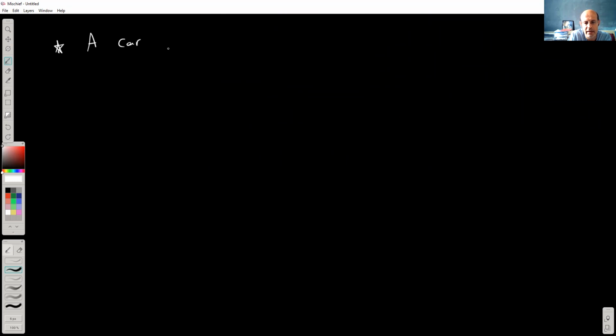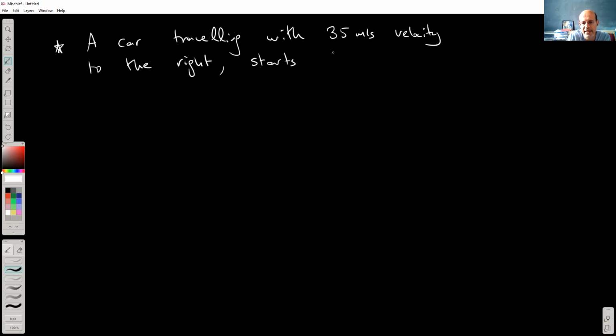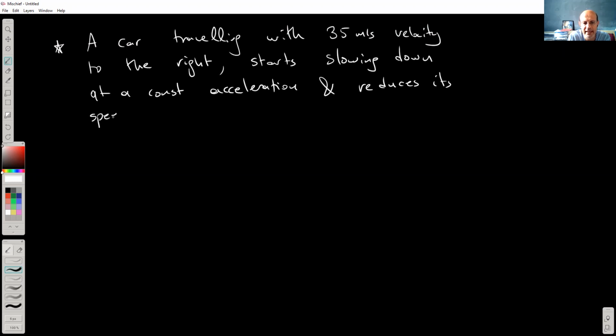Right, a car traveling with 35 meters per second velocity to the right starts slowing down at a constant acceleration, and reduces, let's say, its speed to 25 meters per second in 5 seconds.